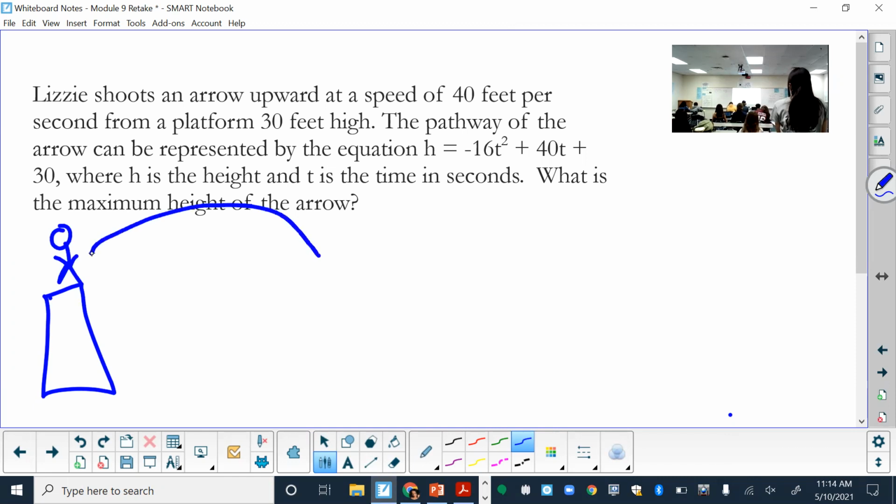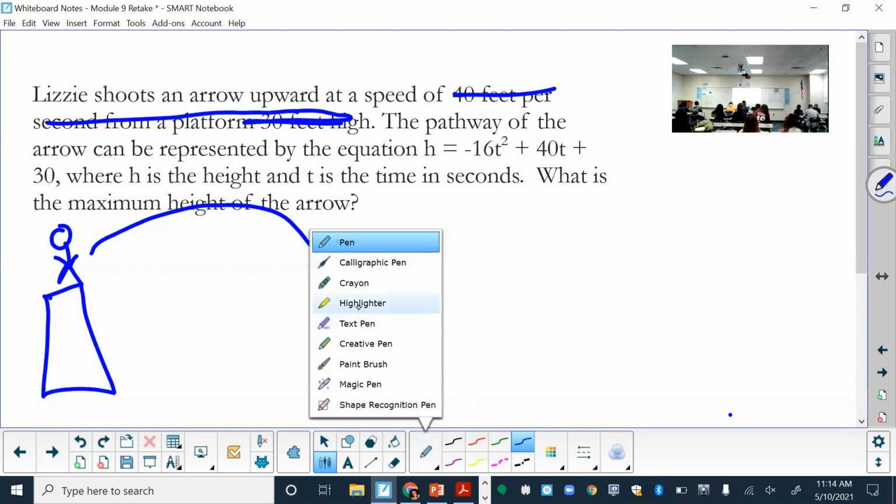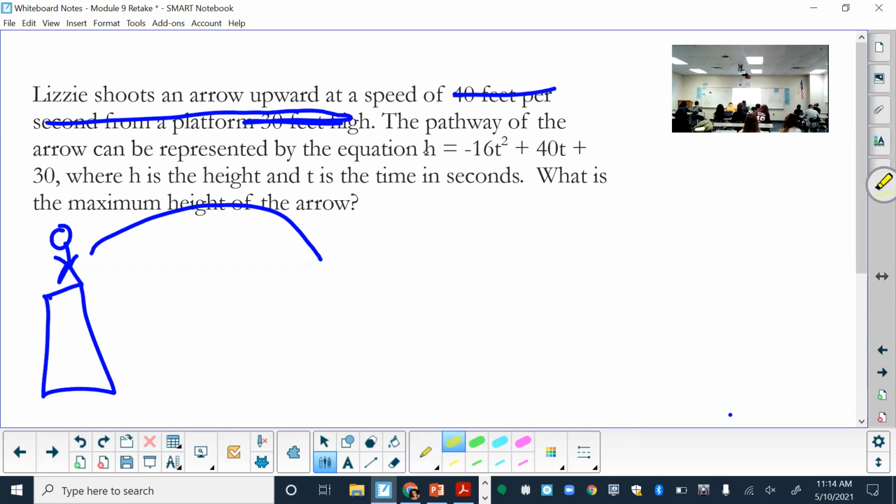It travels something like this. And this first part, like the 40 feet per second from a platform 30 feet high, isn't really essential to our problems. What's essential is this equation that they give us.